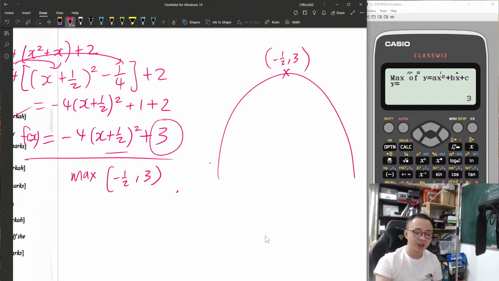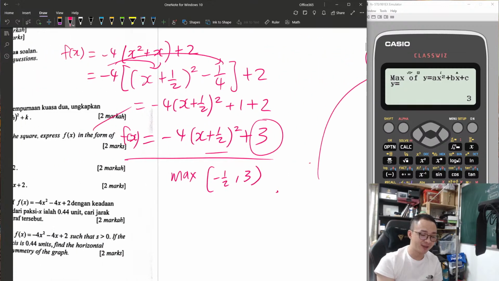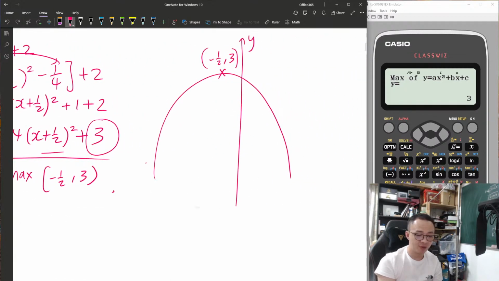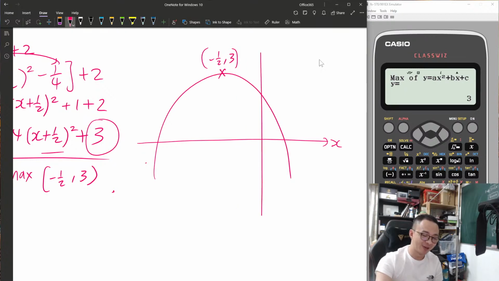Then I want to get the y-axis. The y-axis maybe somewhere here. Just estimate, okay? Maybe somewhere here. The y-axis. My y-value is 3, so my x-axis is somewhere here. It doesn't matter. Yeah, but it doesn't look nice in my eyes, so I make it look a little bit nicer.